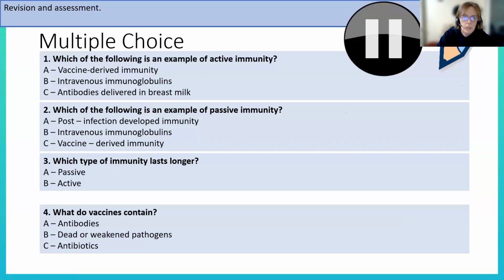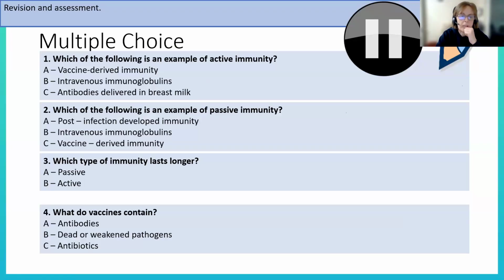Okay, so a couple of questions then before we move on to the next topic. I'm not sure how easy this will be because we've just sort of jumped straight back in. But have a go, see what you can work out, and I'll pop the answers up for you in a minute. I think the last two are not too bad.